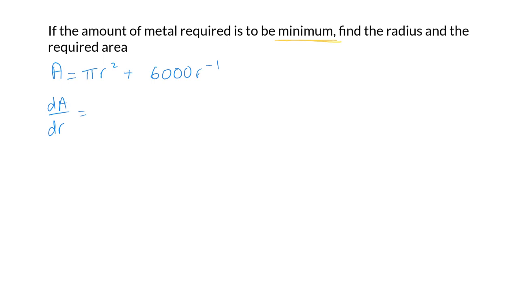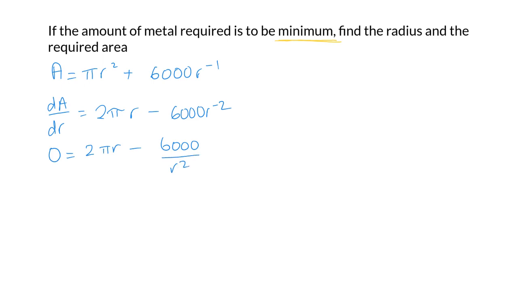Remember, pi is just a number, so it's 2 pi r when we differentiate pi r squared, minus 6,000 r to the power minus 2. So it's a minimum, so it's a turning point. So I'm going to let that equal 0. I'm going to bring my r back down.